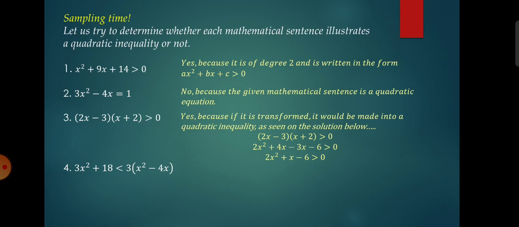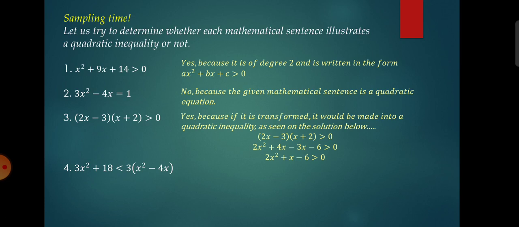So, in the next part, the product of two binomials is multiplied using the FOIL method. So that would give us 2x times x is 2x squared, 2x times 2 is 4x, negative 3 times x is negative 3x, negative 3 times 2 is negative 6. So minus 6 greater than 0.